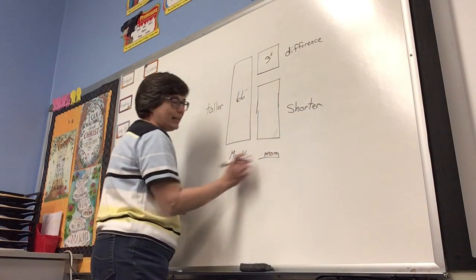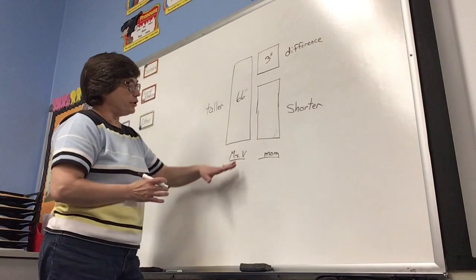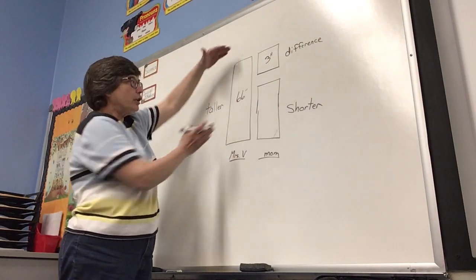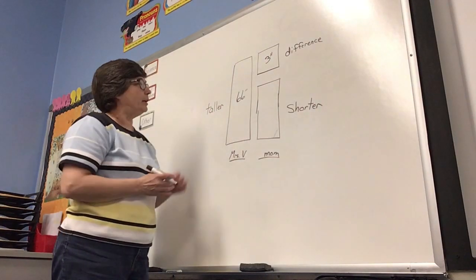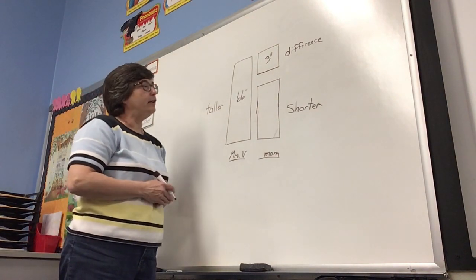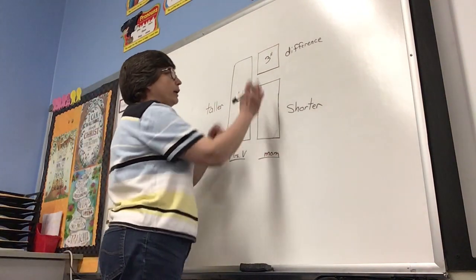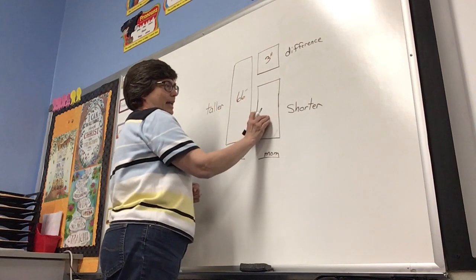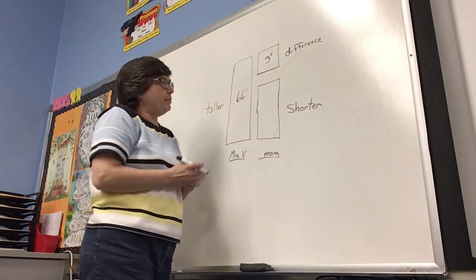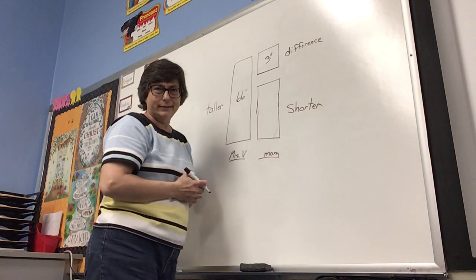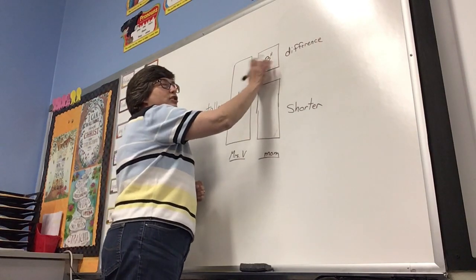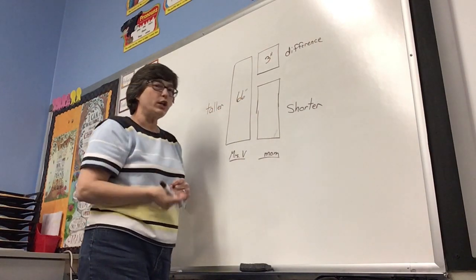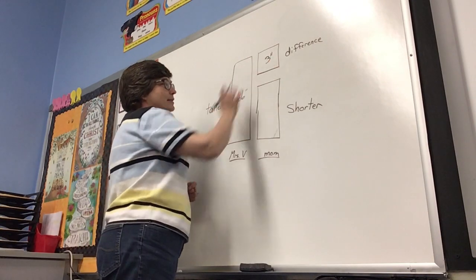That's who the two things we are talking about. So you put the taller one, the full one that they're talking about, in the tall rectangle, and then the other one we have to decide, did it say my mom was only 3 inches? No, it said she was 3 inches shorter than I was. So that's the difference there.